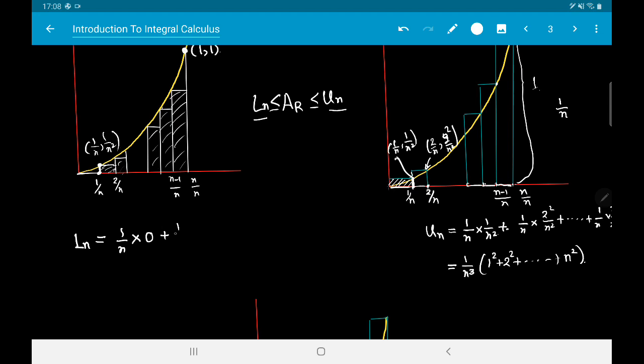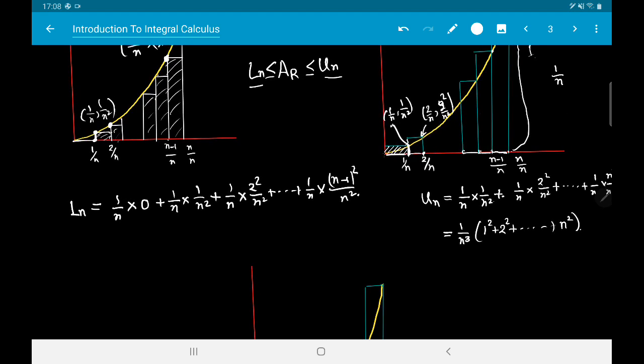So 1 by n times 1 by n square, plus this one, determined by this point, which is given by 1 by n times 2 square by n square, etc., up to 1 by n times the coordinate of this point, which is n minus 1 by n whole square, so n minus 1 whole square by n square.